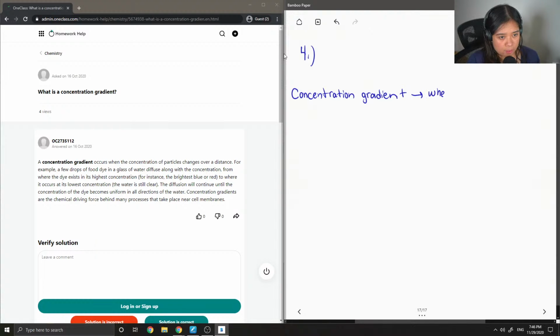So this is when the concentration of particles is higher in one area than another.